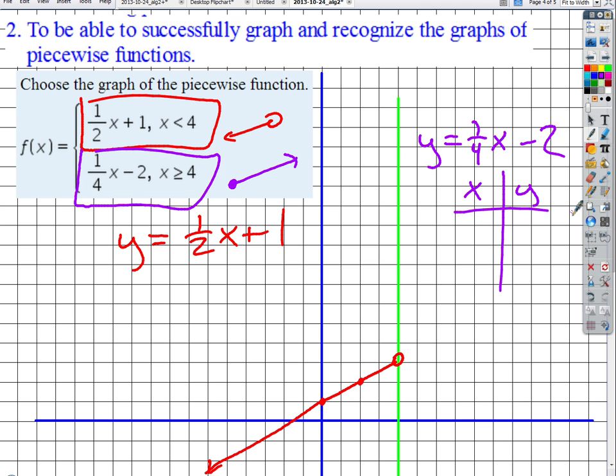Subtract 2 from that, and we get -1. So x equals 4, y equals -1. Over 4, down 1. There's a point. Slope triangle to get the second point: up 1, over 4. So we'll just connect and extend. We said it was a closed endpoint. Done. How about that? Okay, so then the last piece of this, and we're done.